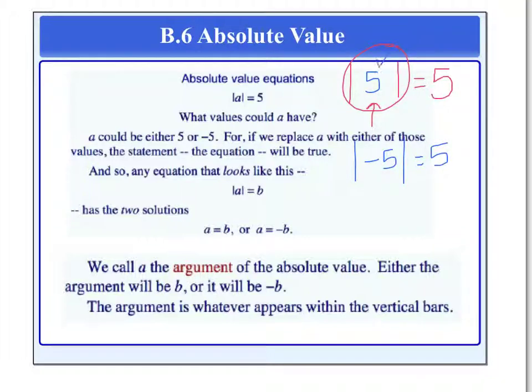So I take what's on the inside and I set it equal to the positive and the negative solution. It doesn't mean that the distance is negative, it just means what's inside of the absolute value is negative. We call what's inside of the absolute value the argument. The argument is what's inside of the absolute value symbols, and that can be positive or negative.